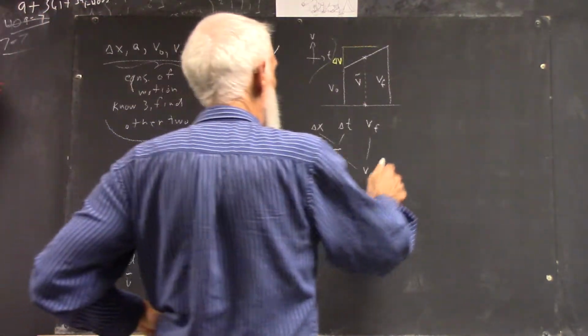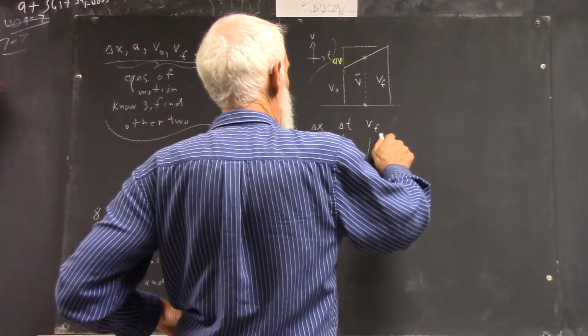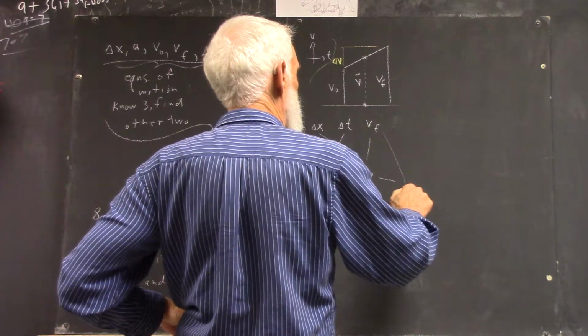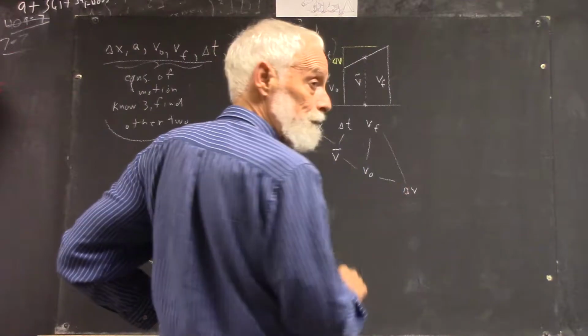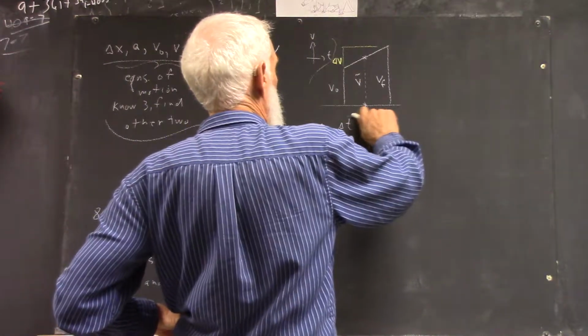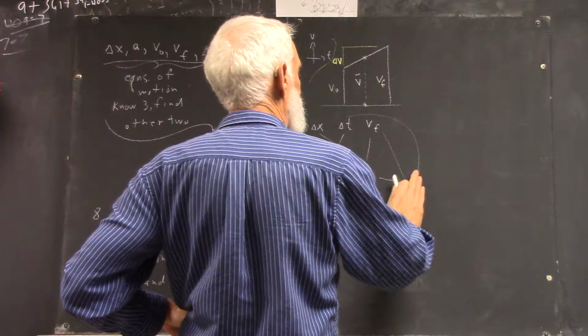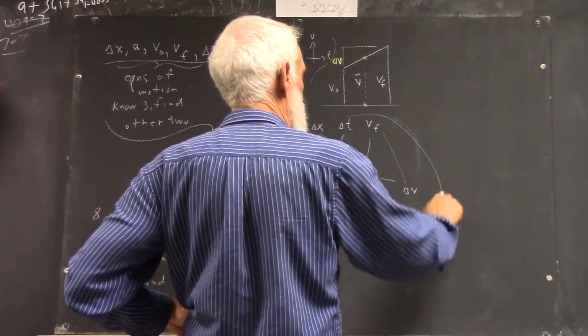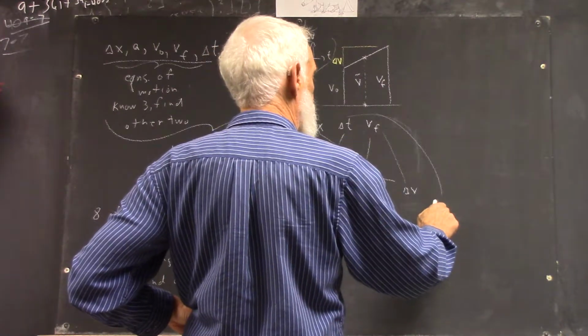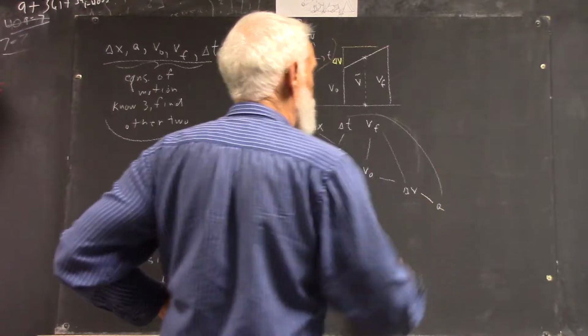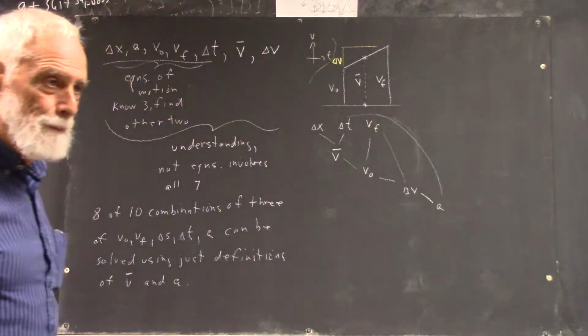And then from VF and V naught, we get delta V, which we combine with delta T to get the acceleration, right?